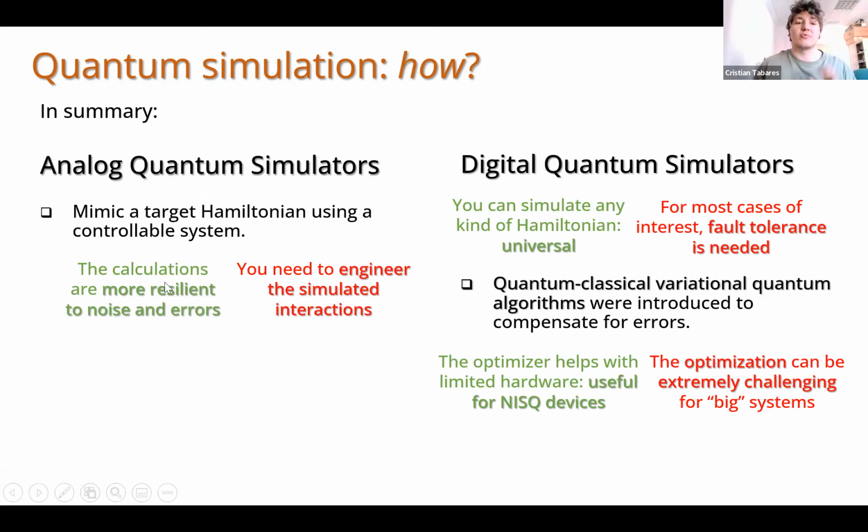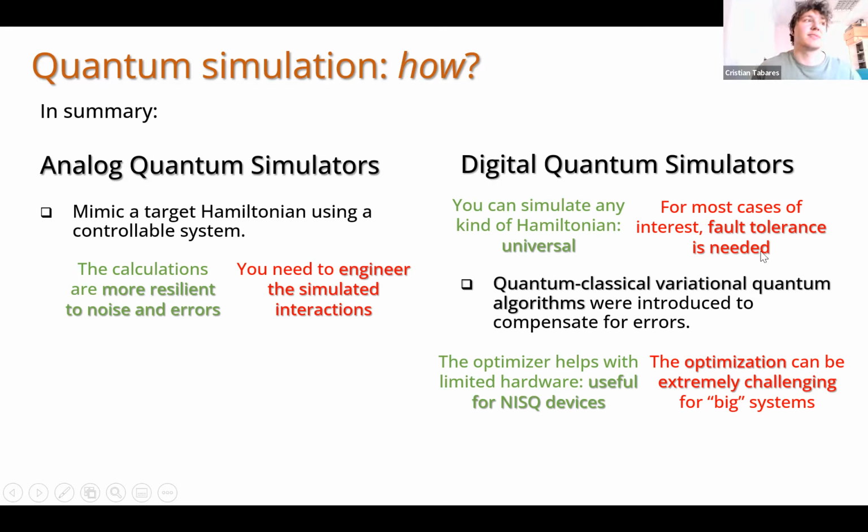This is cool because you are more resilient to noise and errors, but you also need to engineer the simulated interactions. We would like to have something that is at least up to some extent universal, or at least that you can tune far beyond what you can engineer with your actual quantum system. So to do this, we turn to digital quantum simulators, in which you can simulate any kind of Hamiltonian.